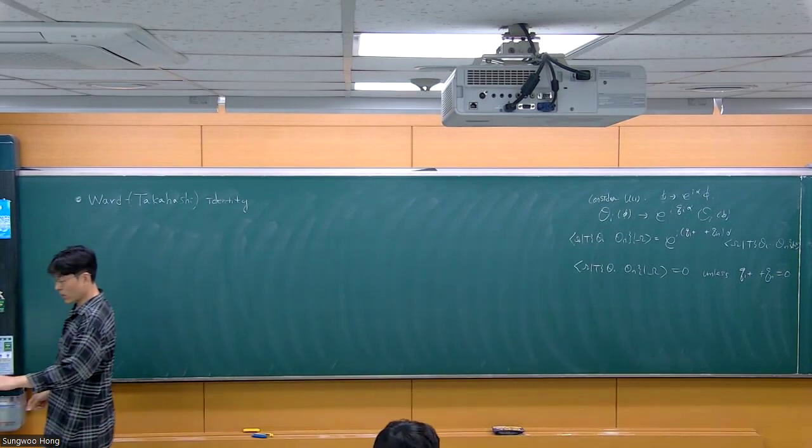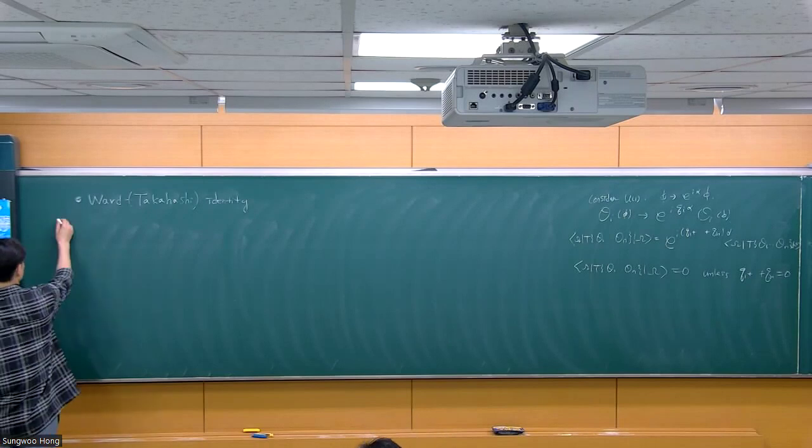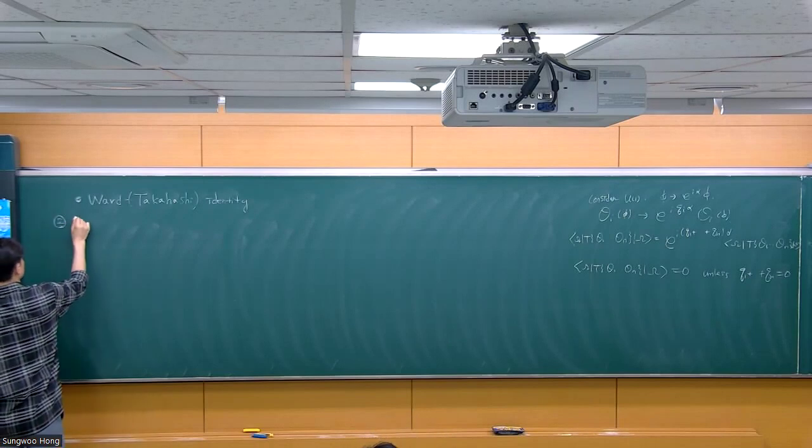Okay, so now let's look at the local version of the statement. There you will learn something more, and that is more often used. Let's look at the local version.